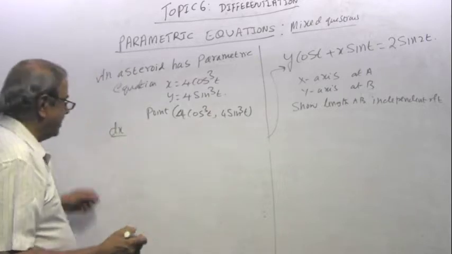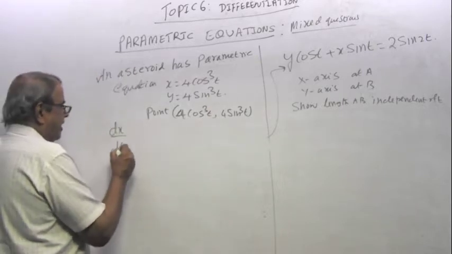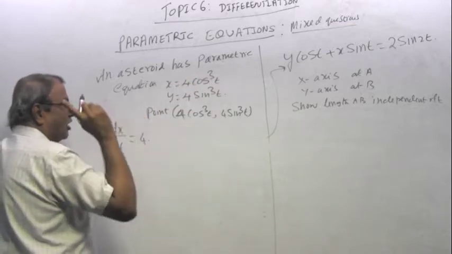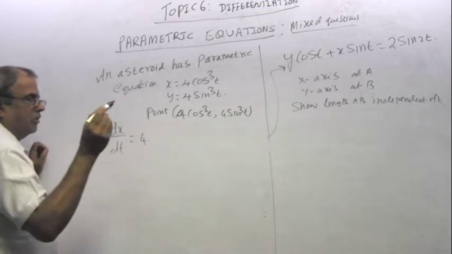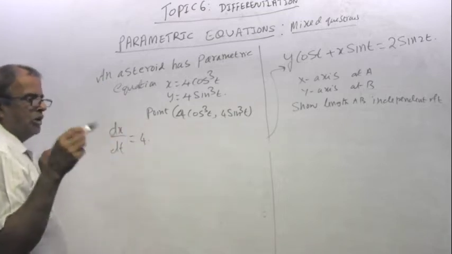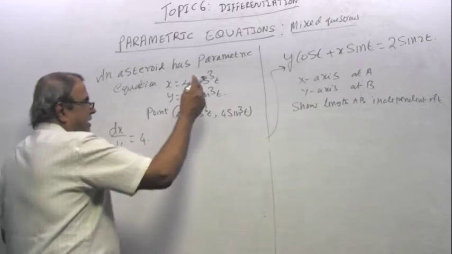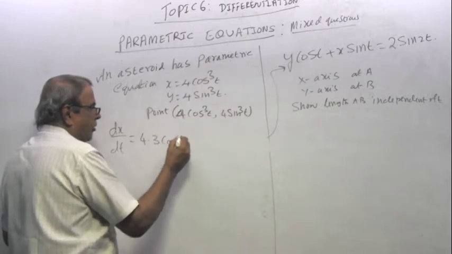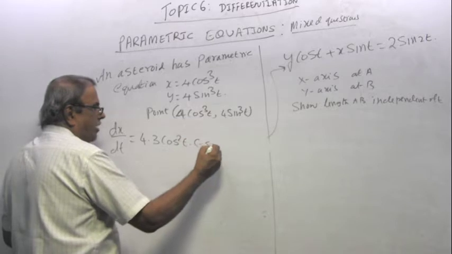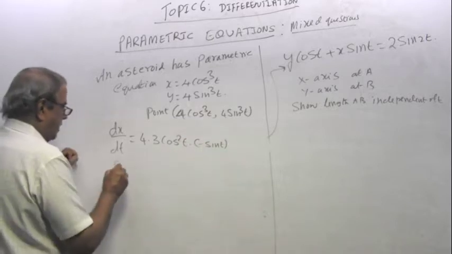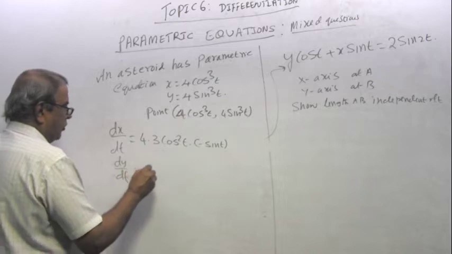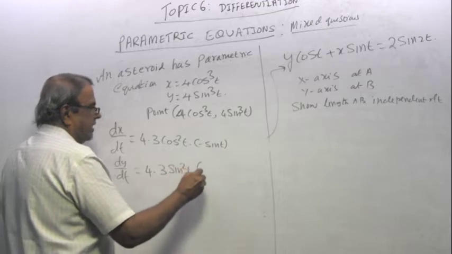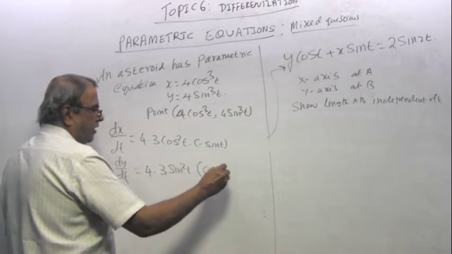All right. So dx by dt is 4 times, onion rule or chain rule. Call u equal to cos t, x equal to 4u cubed, but I'll do it directly. This is cos t, the cube. So first differentiate the cube, you get 3 cos squared t, then differentiate the cos, I get minus sin t. dy by dt equals 4 times, first differentiate the sin cubed, I get 3 sin squared t, then differentiate the sin, I get cos t.